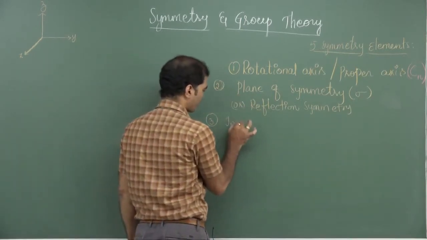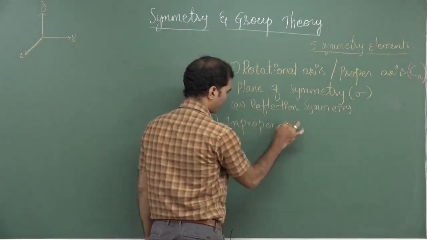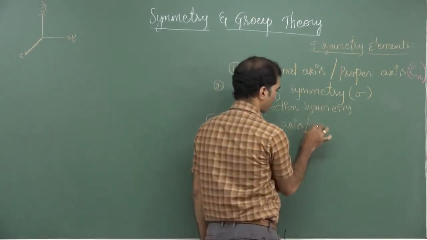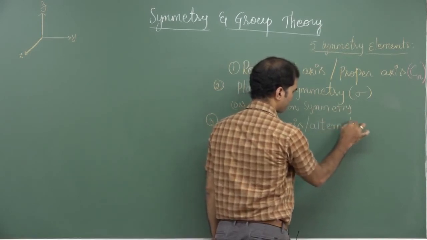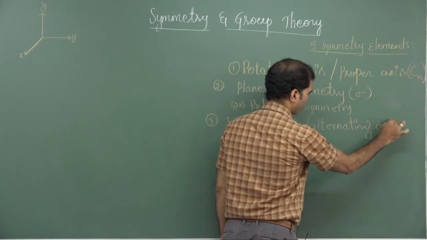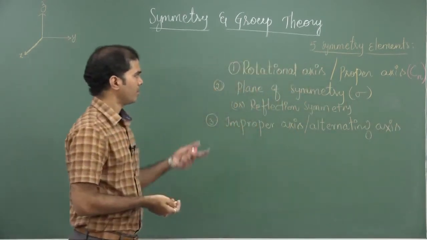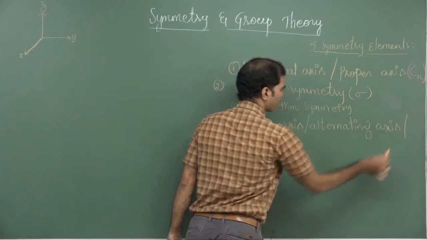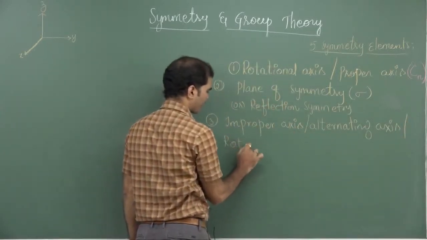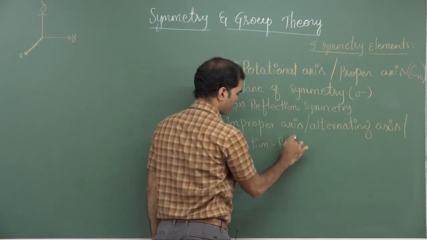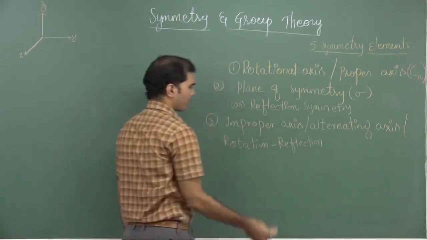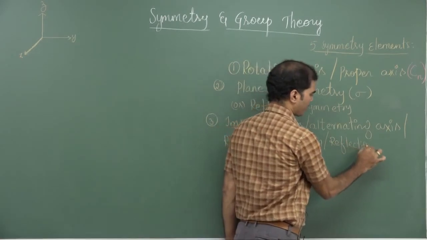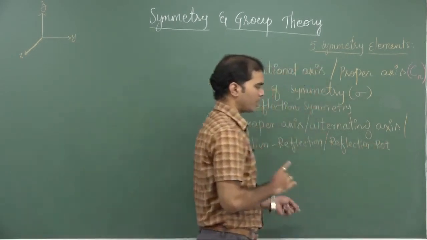We call it improper axis of symmetry, that is one name, or alternating axis of symmetry, where the rotation is alternated by reflection perpendicular to it, or the other names given are rotation reflection symmetry or reflection rotation symmetry.